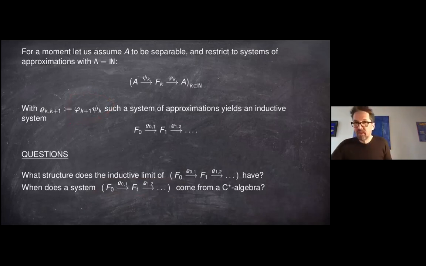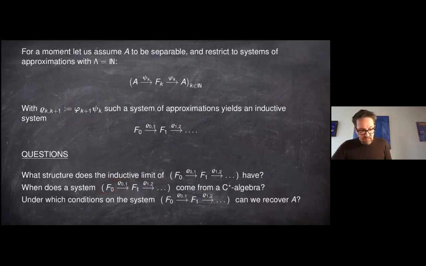I mean, I could just come up with a random choice of finite dimensional C-star algebras and maps between them, and could give it to you, and then can you detect whether this comes from a C-star algebra or whether it's something else? Okay, and even if you can detect whether it comes from a C-star algebra, can you then recover the C-star algebra from the system?